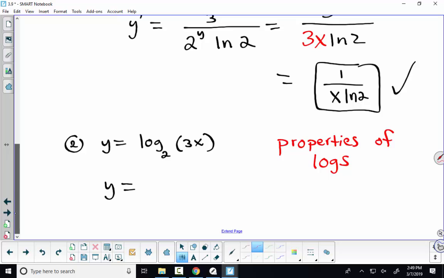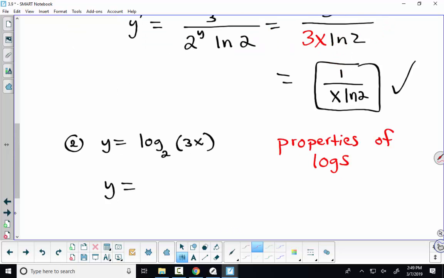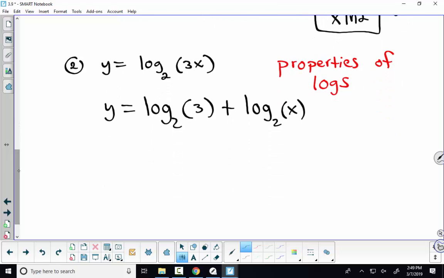They're utilized a lot here. So can I write the logarithm of a product as the sum of the logarithms? So that's another way to look at this problem. The log base 2 of 3x is the log base 2 of 3 plus the log base 2 of x.